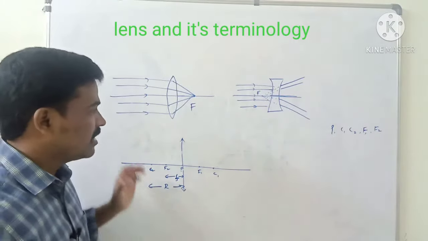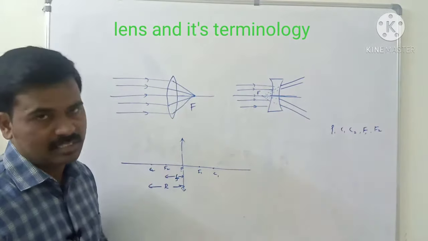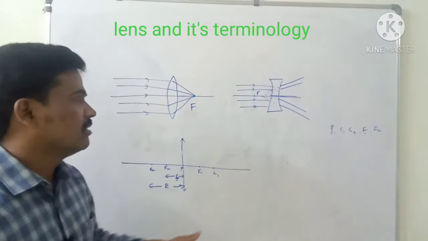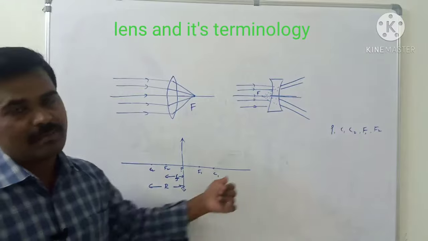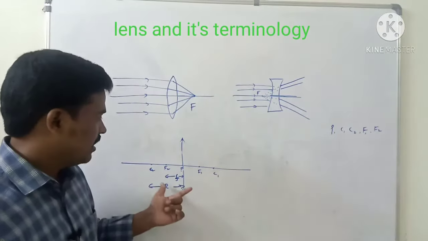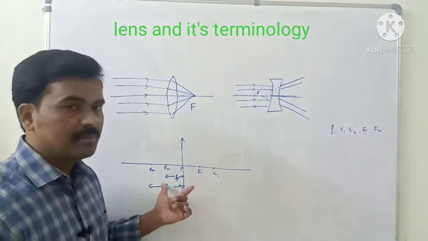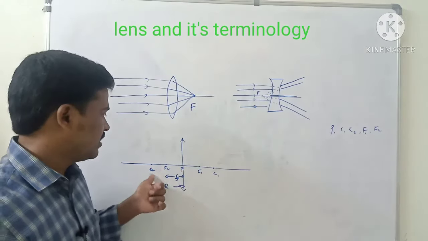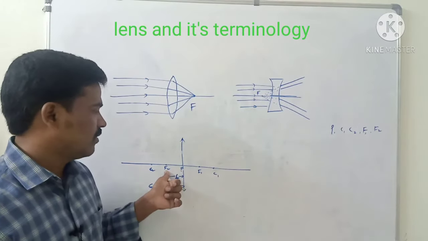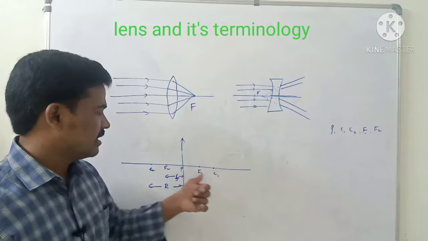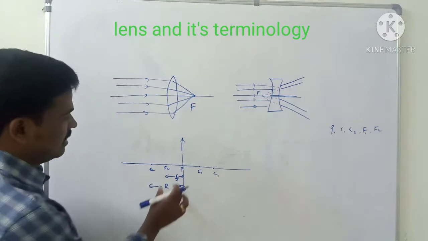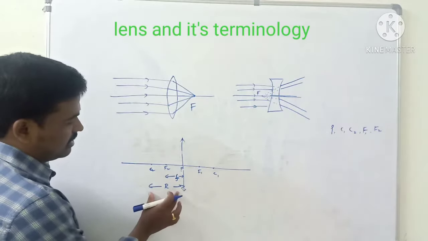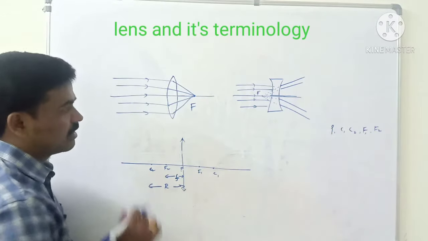These are the terminologies we use in lenses when we study the formation of images. So we must know all these symbols: P, F1, F2, C1, C2. F1 and F2 are the focuses, P is the optical center, C1 and C2 are the centers of curvature, F is the focal length, and R is the radius of curvature.